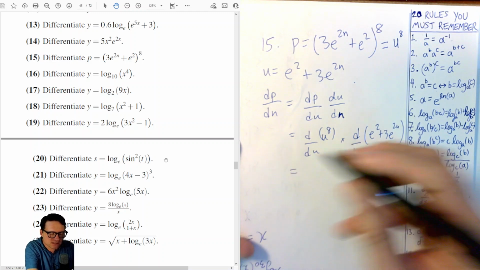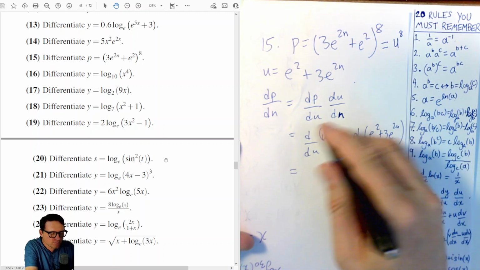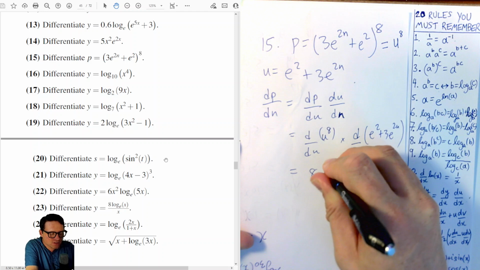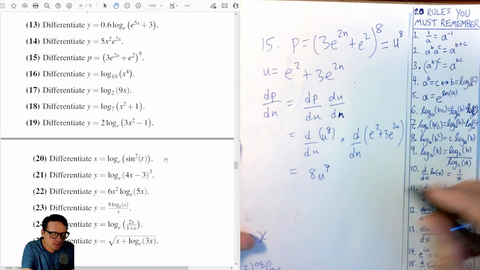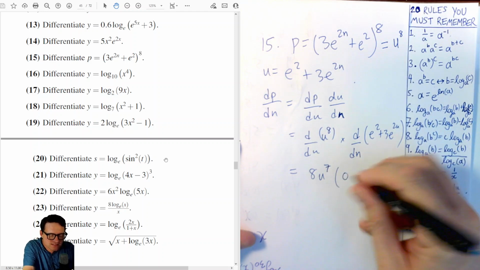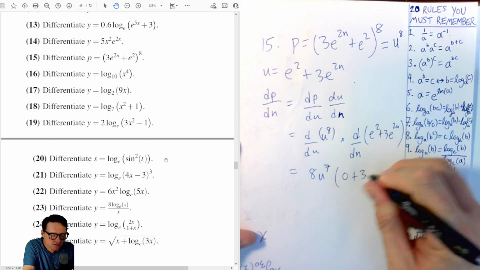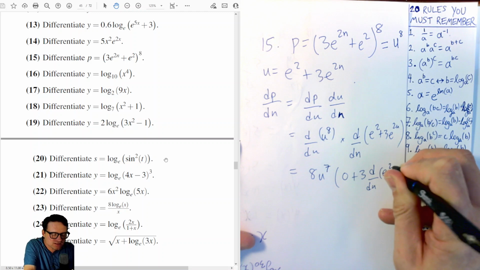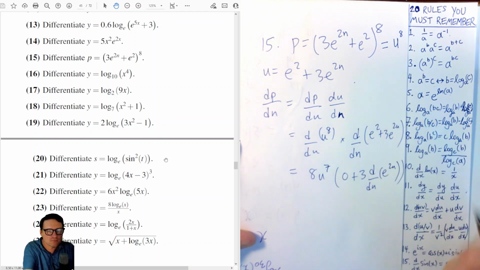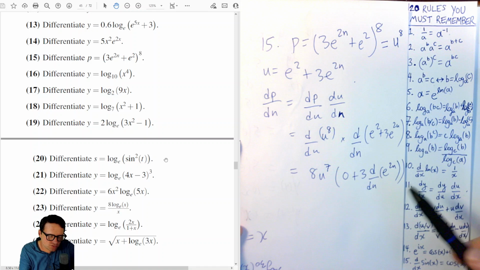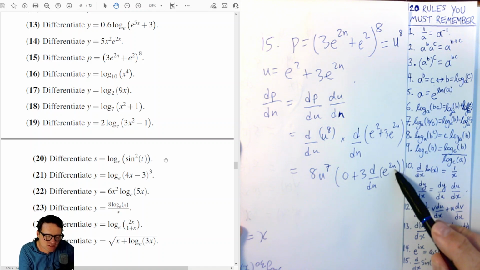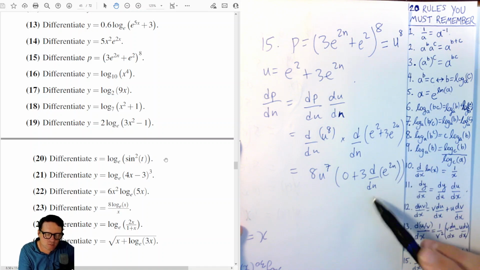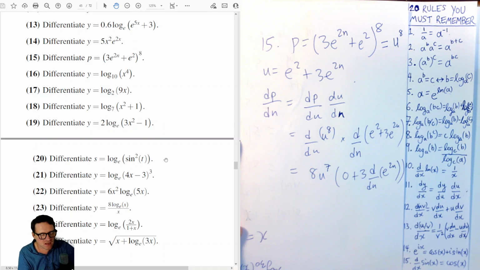So let's write our next line. Pull the 8 down, so we've got 8u to the power of 7, and then times 0 plus 3 d on dn of e to the 2n. All right, now you know how this e to the 2n differentiates with respect to n because by now you've probably done this enough.